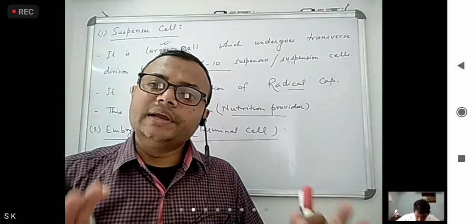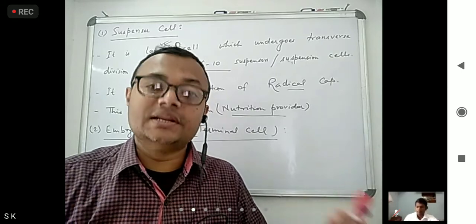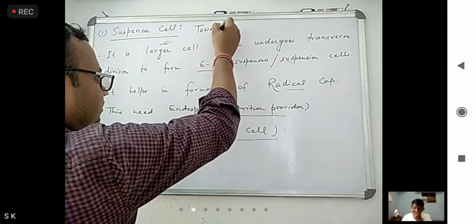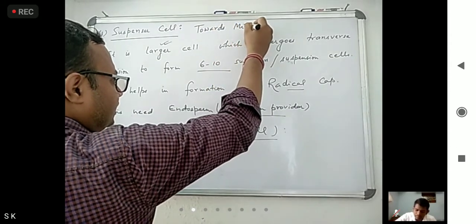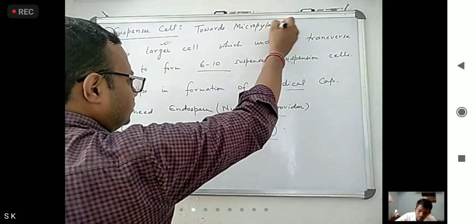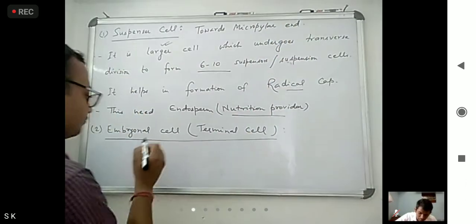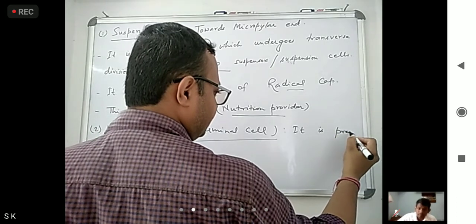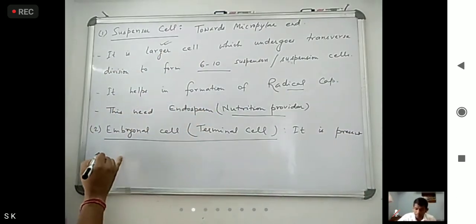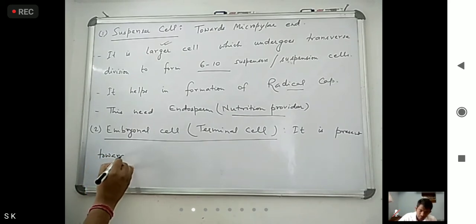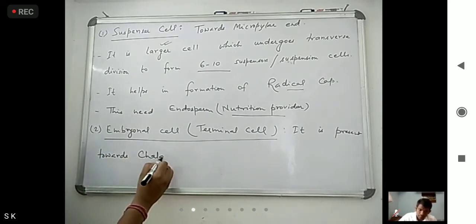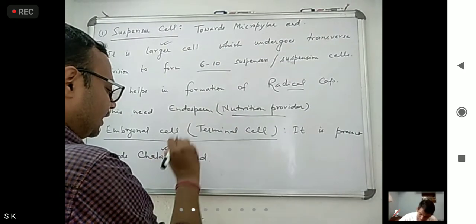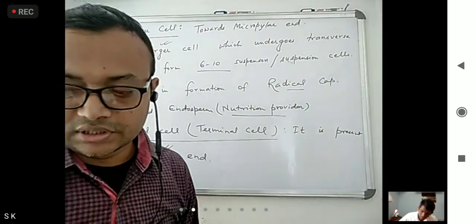Now the suspensor cell is present towards the micropylar end, and the embryonal cell is present towards the chalazal end.